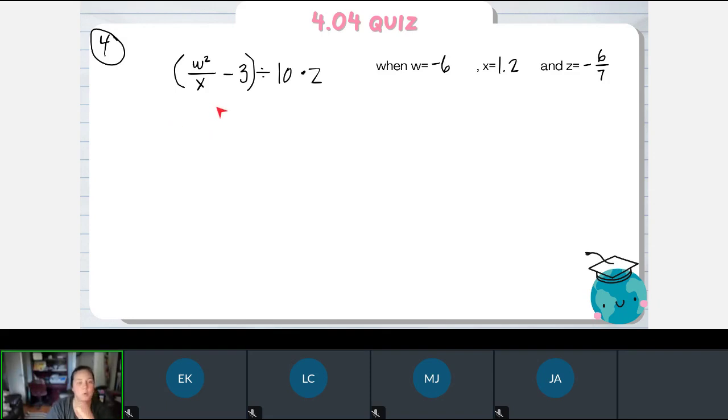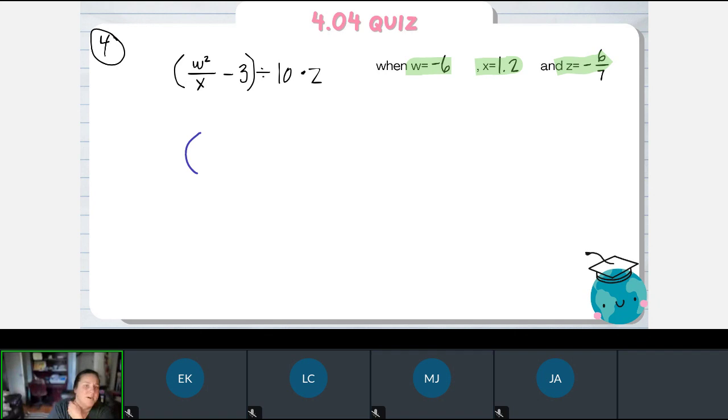Okay, so here is 4. We've got w squared over x minus 3 divided by 10 times z. So we need to plug in all of these values. W equals negative 6, x equals 1.2, and z equals negative 6 over 7. So let's plug those numbers in. I'm going to open my parentheses.